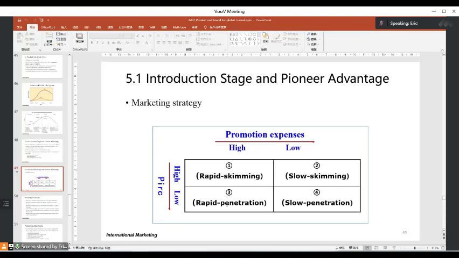With more communication, the brand becomes more famous. So this option we call rapid penetration, because we use the low price to penetrate this market, simultaneously with high promotion expenses. In a short time we can get most of the customers to know our brand, our product.